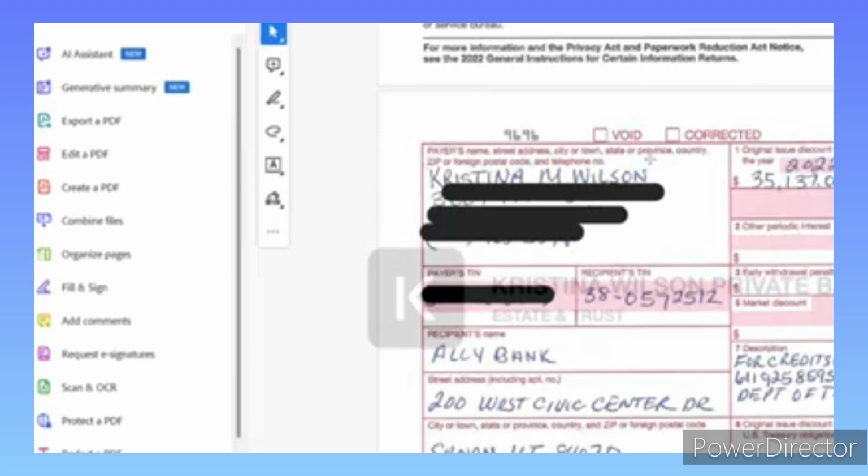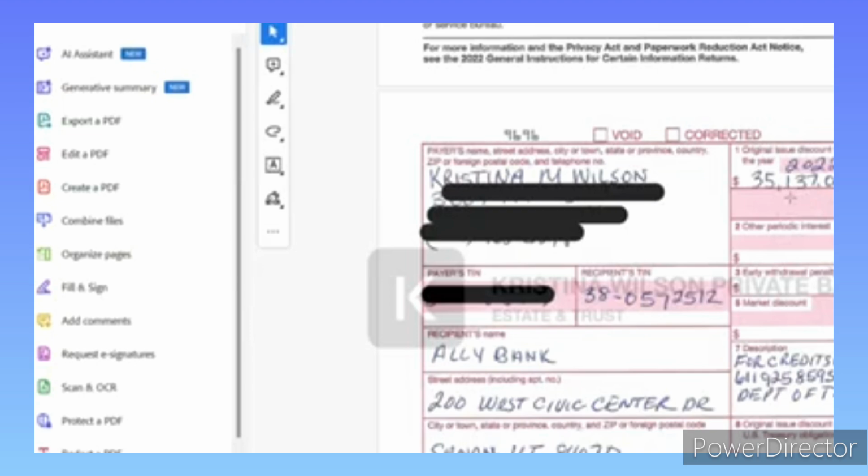When I sent an OID into the IRS for this value, what I did not realize was that I instructed the IRS that this is my taxpayer. See where it says payer? She is holding $35,137 from me.